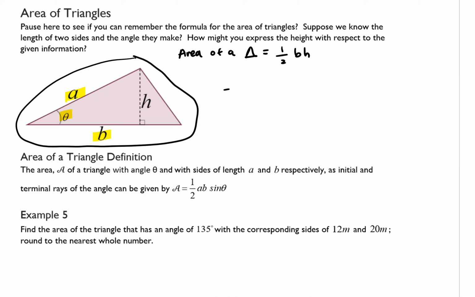So the area of this triangle is going to equal 1/2 b times, what's another way that we can write h? Well, if I'm using angle theta as my reference here, then b is going to be my adjacent side length, and a is going to be my hypotenuse.